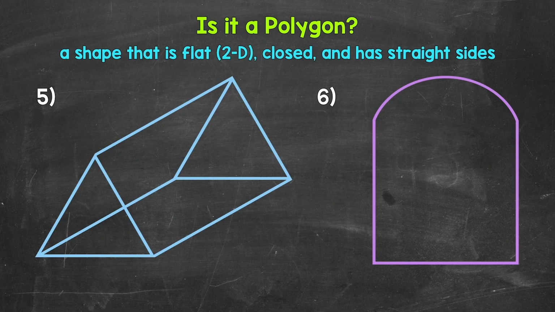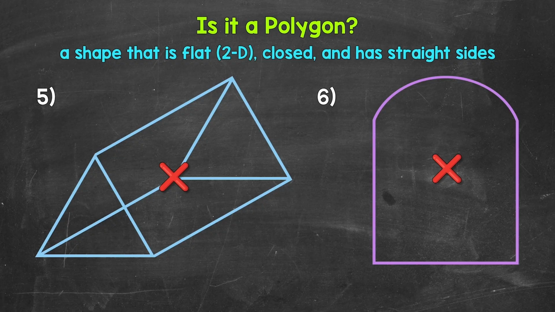Lastly, looking at numbers 5 and 6, is number 5 a polygon? And is number 6 a polygon? What do you think? Well, no, both of these are not polygons. Number 5 is not flat. And then number 6 is not made of all straight sides. There's a curved or rounded side, so that's not a polygon.